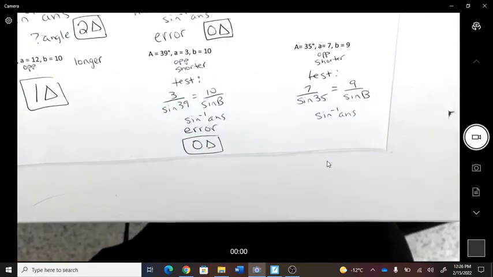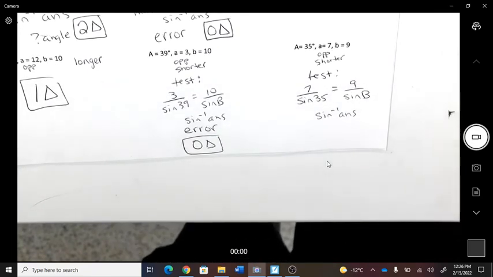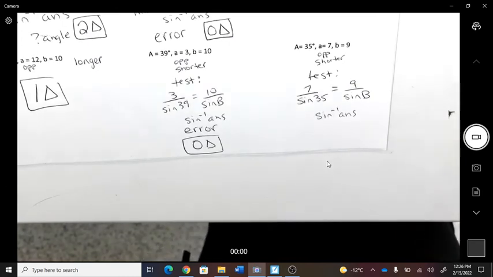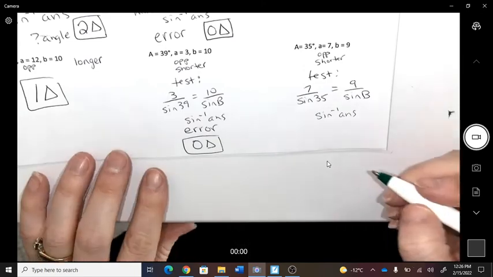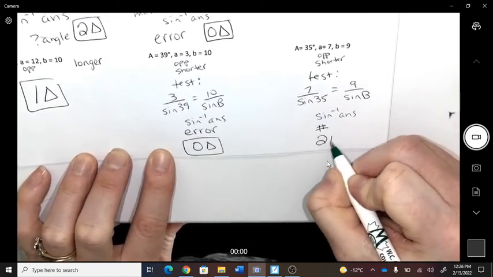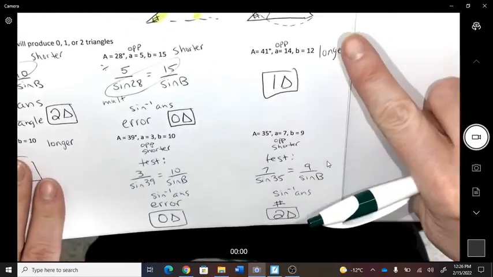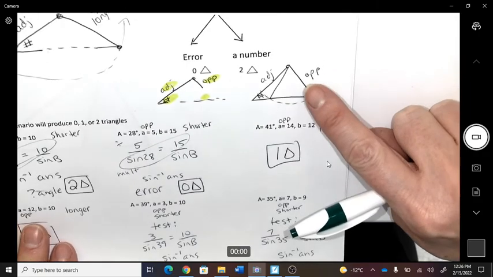Does it produce something or does it produce an error is the question you would be asking yourself at that point. And did we get a number? So if I got a number according to the rules and the drawing, there'll be 2 triangles.